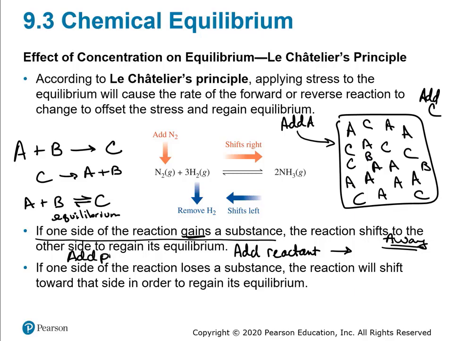So if I add product, which direction does the reaction shift, forward or reverse? It's going to go to the left, in reverse. If I add reactant, the reaction will shift to the right, or shift forward.